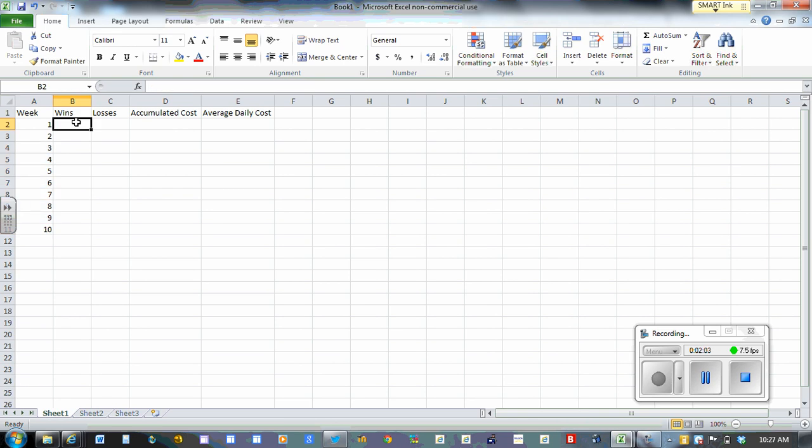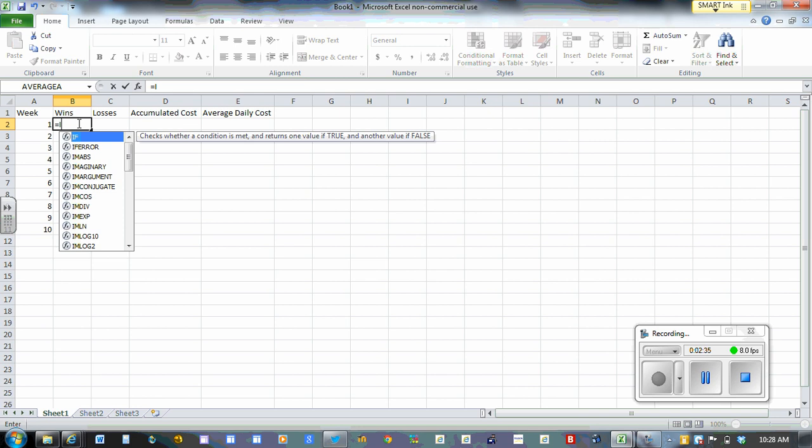When it comes to calculating the number of wins, in a 5-day week, we're going to try to generate random integers between 0 and 5 to show the possible number of wins in the course of a week. And those numbers will be randomly selected by the program. So the function is known as a random integer function. In Excel, we enter, always with an equal sign, INT, that'll represent integers.